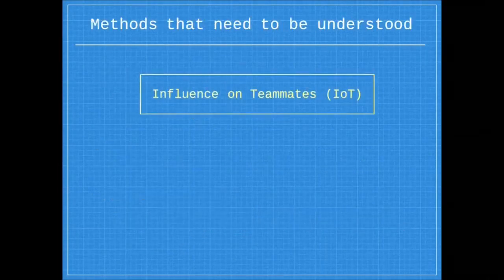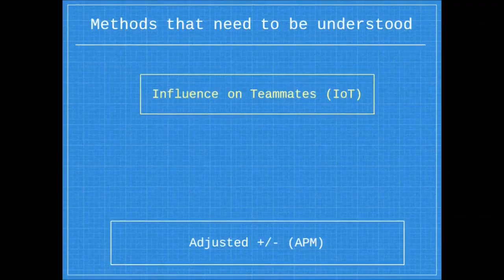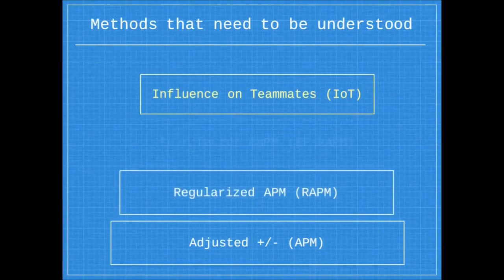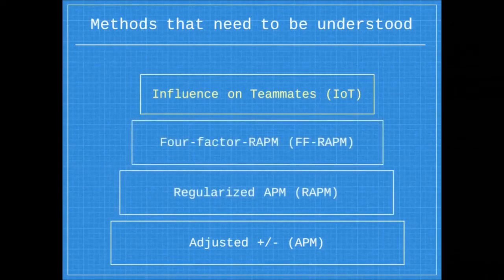The method I want to explain in the end is the influence on teammates method, but there are a lot of underlying methods that I'm going to have to explain first before we can get there. These basic underlying methods are adjusted plus minus, regularized adjusted plus minus, and 4-factor regularized adjusted plus minus.